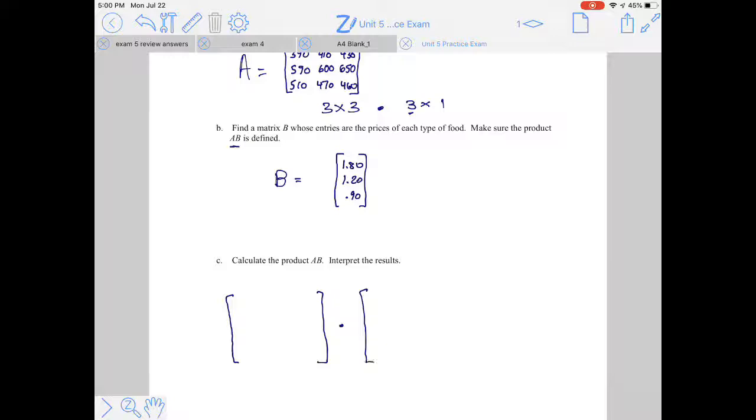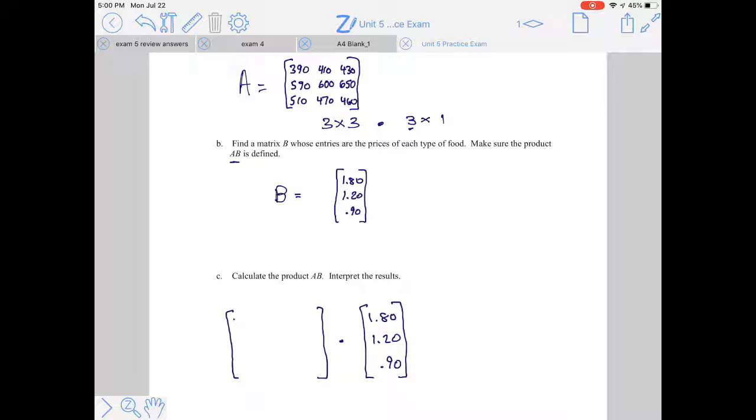So you just multiply it and add. So this is definitely a calculator.